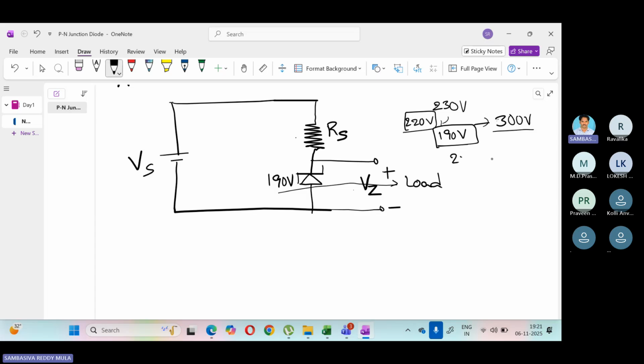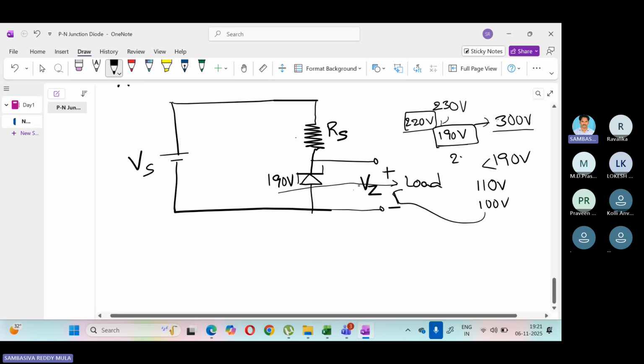For example, if the voltage is less than 190 volts, sometimes we will observe low voltage, 110 volts or 100 volts, then what happens? The device will be completely in the off state.